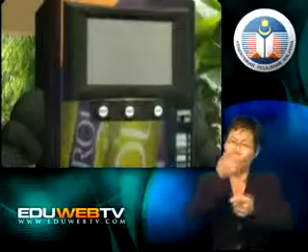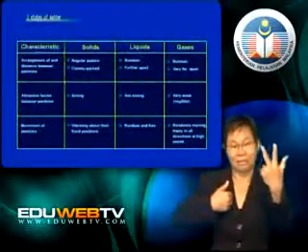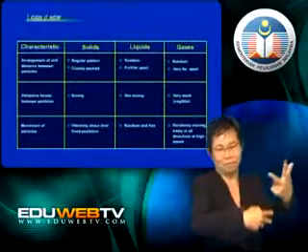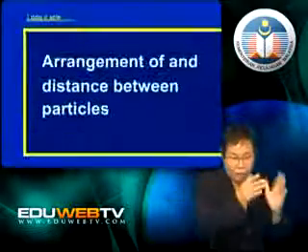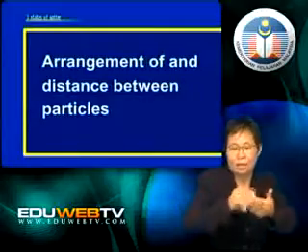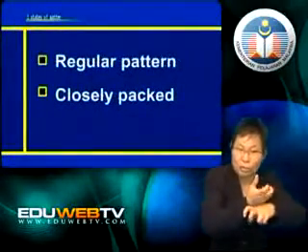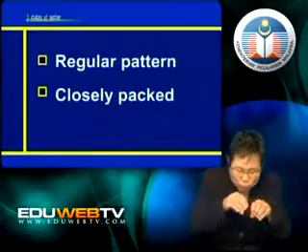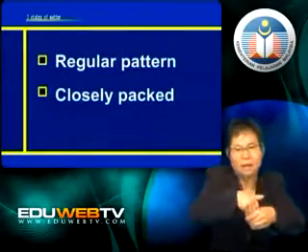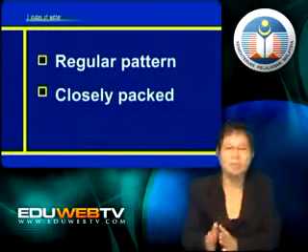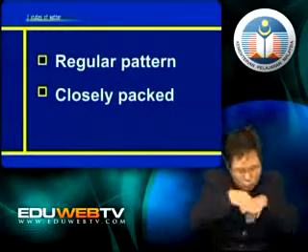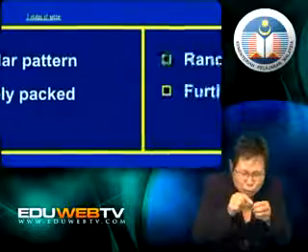All right, here goes. There are 3 rows in the table. We start with the arrangements and distances between particles. In solids, the particles are arranged very close to one another in an orderly manner. There is very little space between the particles.